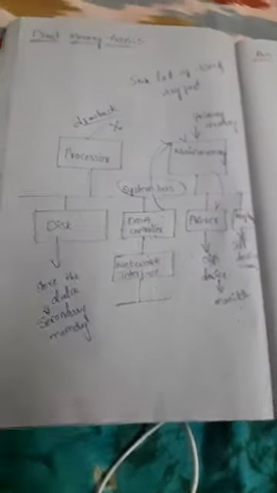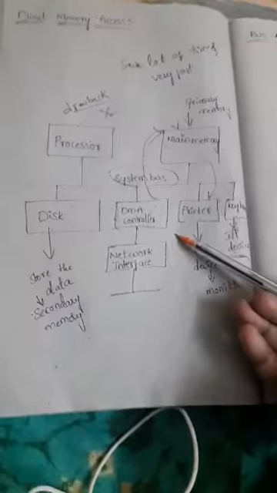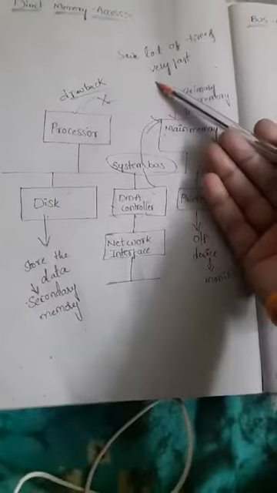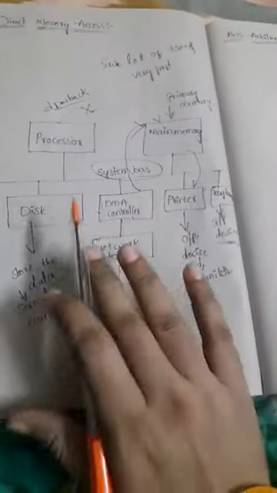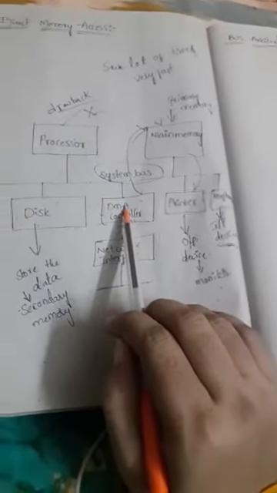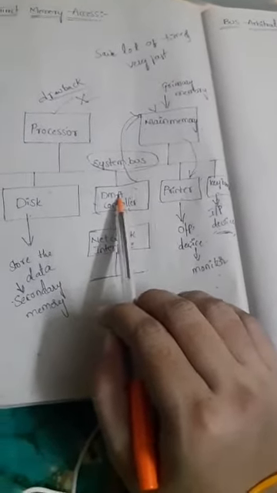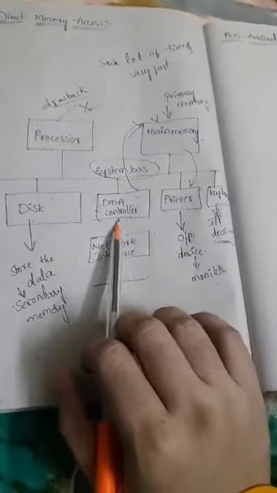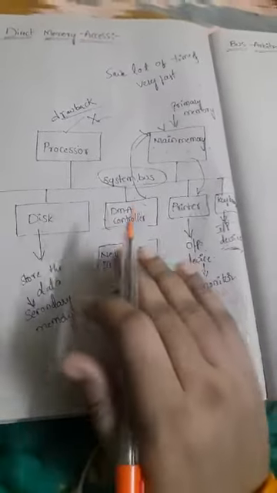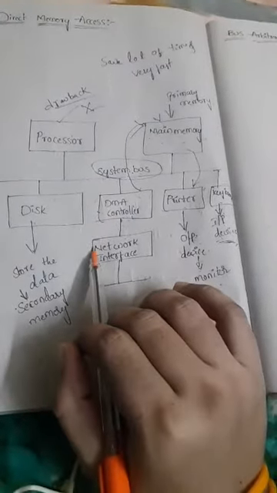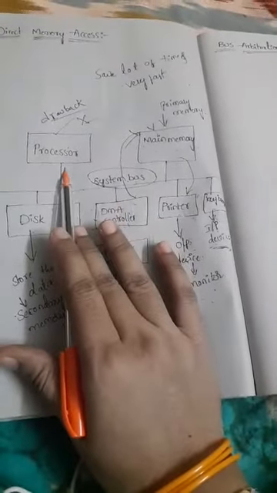What is the use of the DMA controller instead of the processor? The big advantage is that it works very fast, and it fulfills the request very fast compared to the processor, because the DMA controller is doing the work on behalf of the processor.